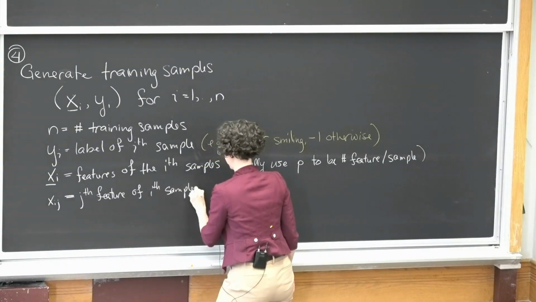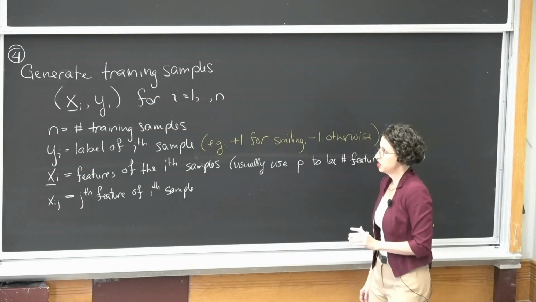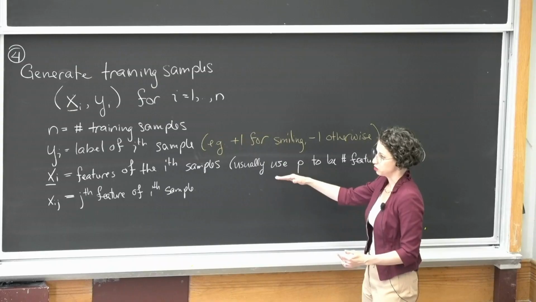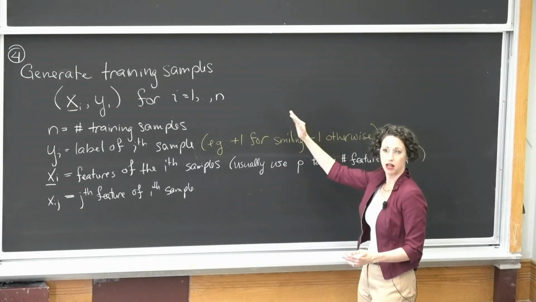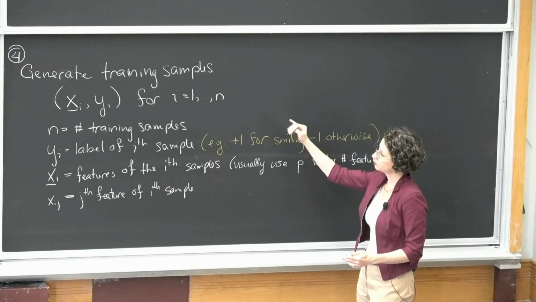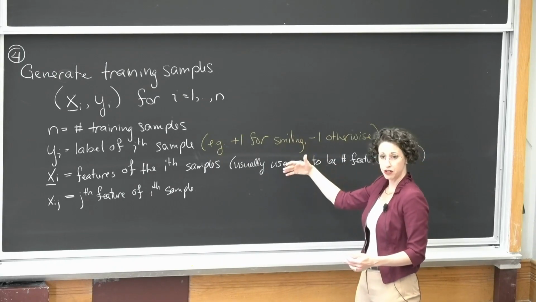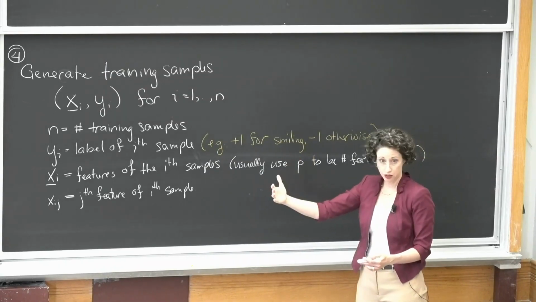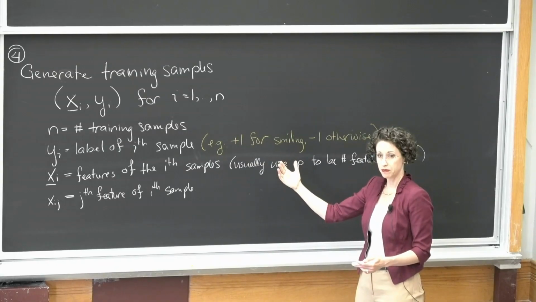Now, I want to pause for a moment and mention that in this class, for the most part, we're going to assume that we're just handed data like I've written out here. And that somebody has already done the feature extraction, done whatever pre-processing, selected what photographs to include, and labeled them.